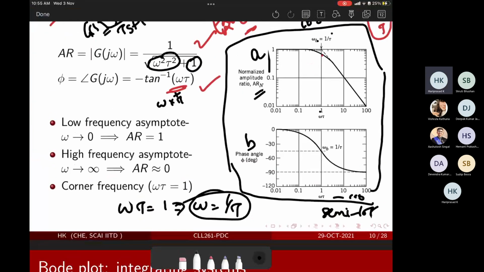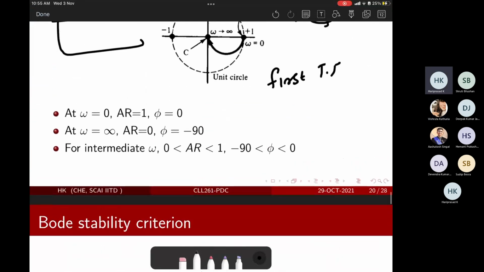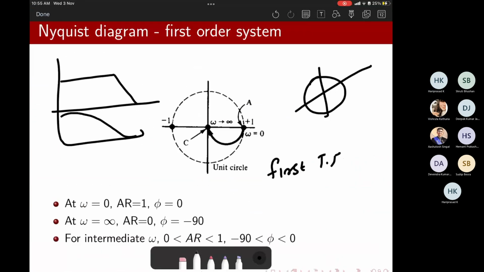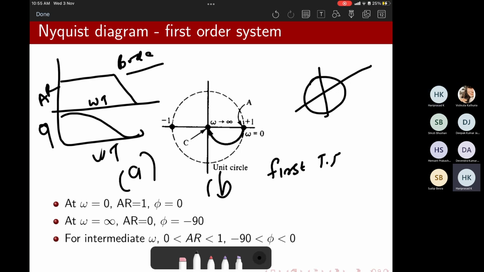So this is our Bode plot. I'm going to draw it over there. This is amplitude ratio versus omega tau, and phase angle versus omega tau. Fine. This is Bode. I am saying exactly the same information is contained in A and B, because it is a plot of a complex number, right?